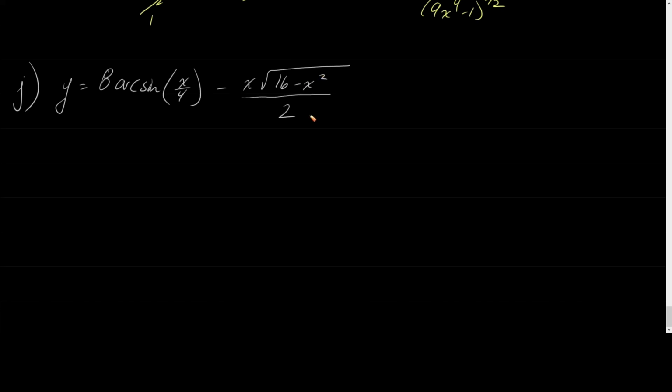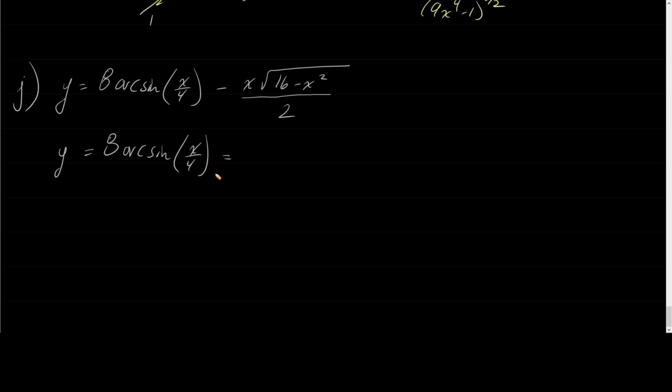All right. So let's see what we can do here. I'm going to rewrite this a little bit so that we can work a little bit easier with this. I'm not going to worry about this first part over here, that 8 arcsine of x over 4.